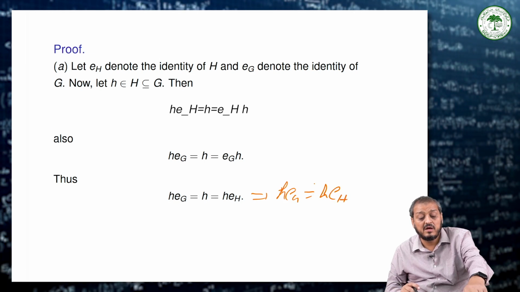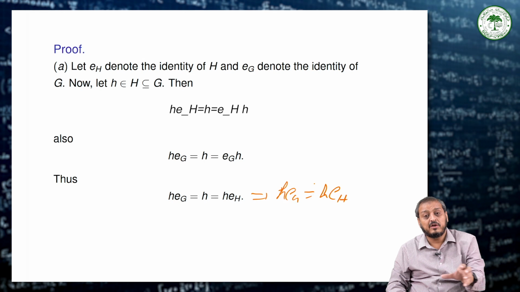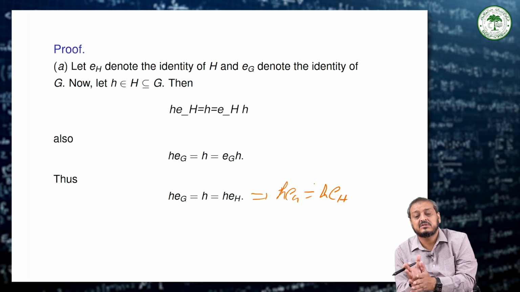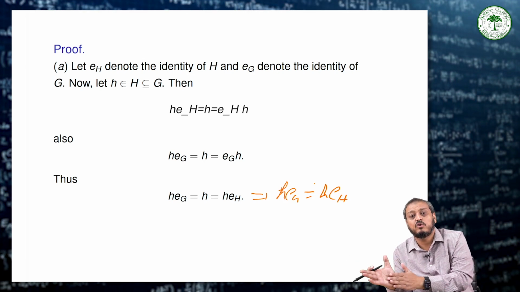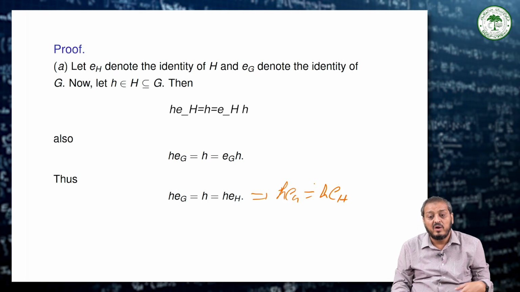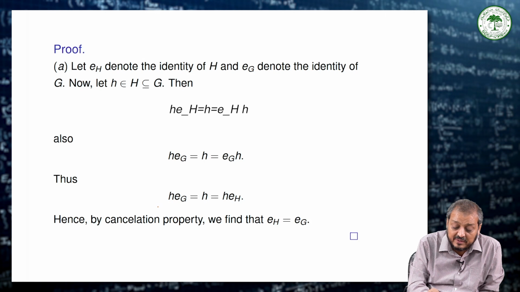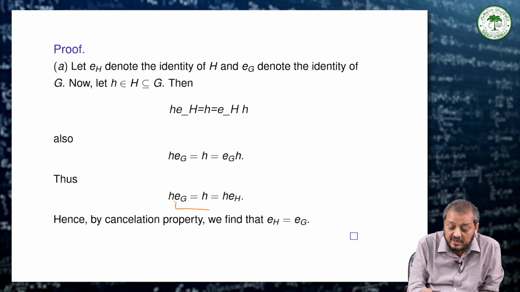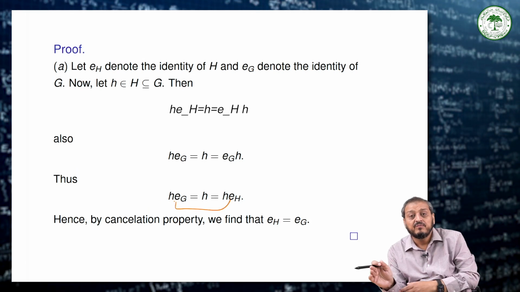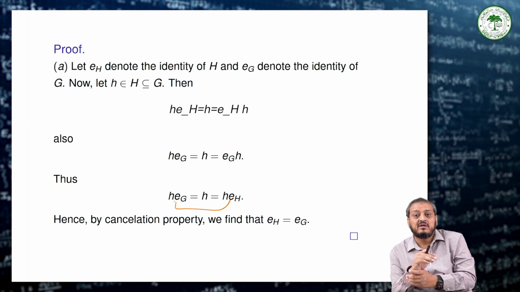Now because H is a subset of G and the group under this binary operation is a group, all the group properties hold here, and we can use the cancellation property. So by the cancellation property, e_H is equal to e_G.